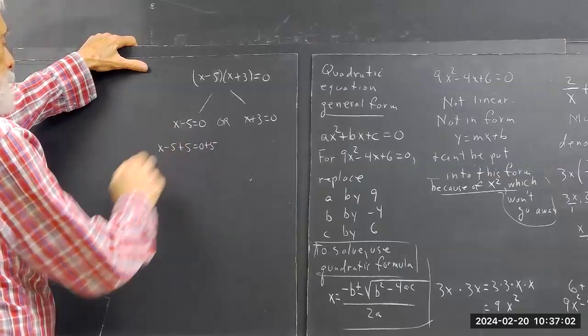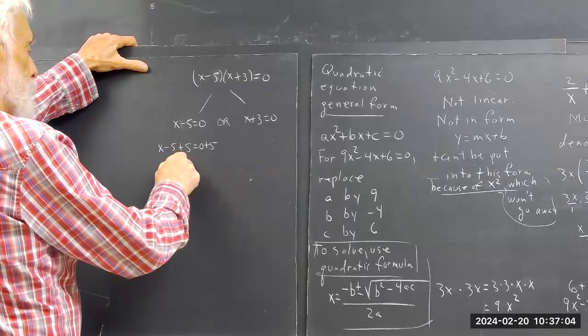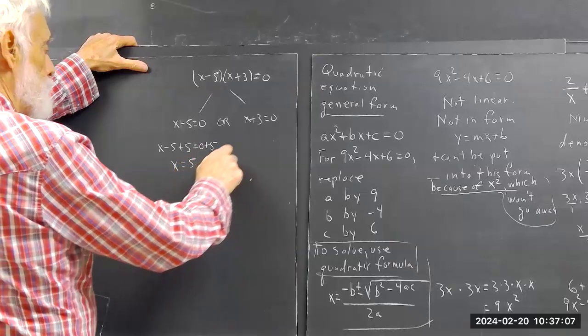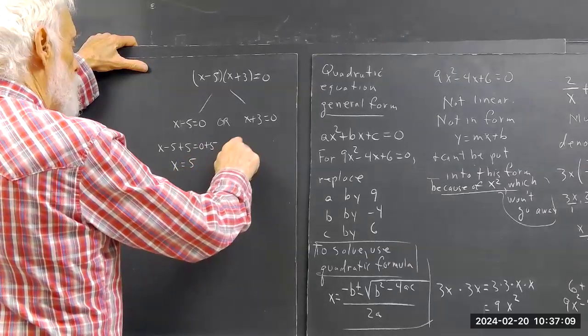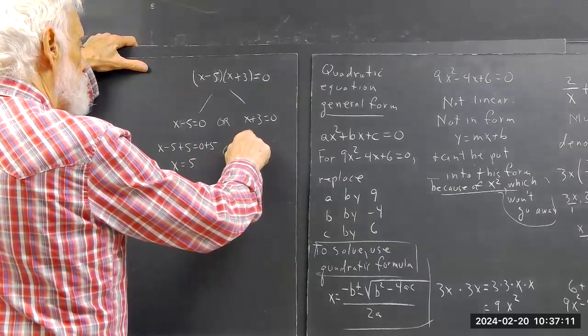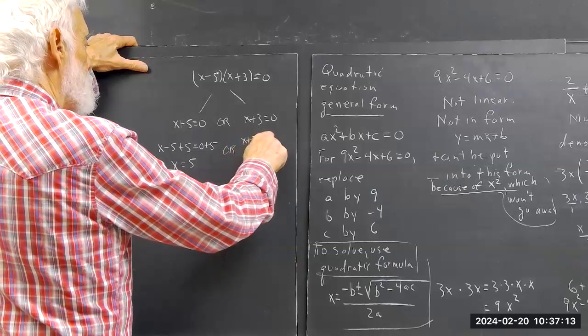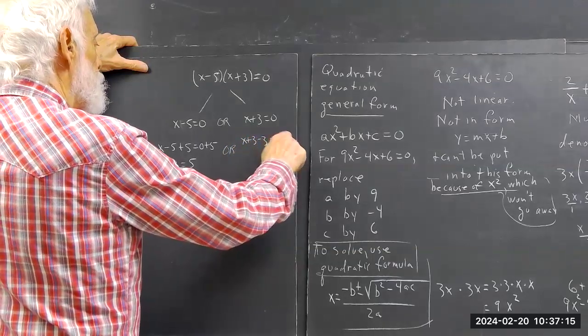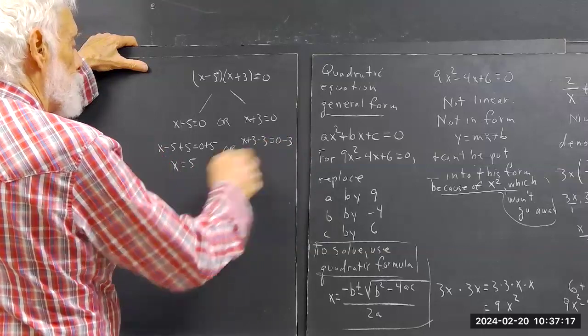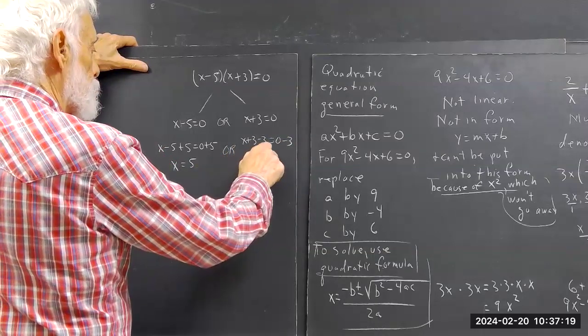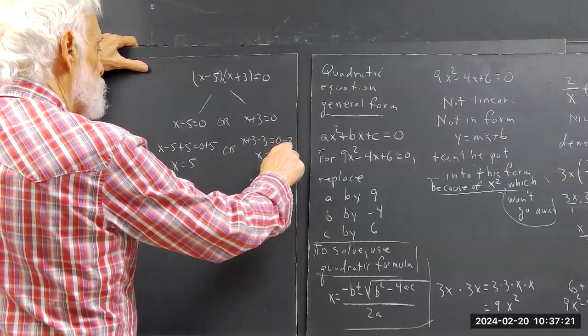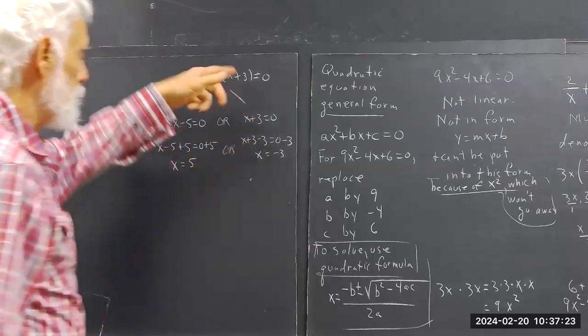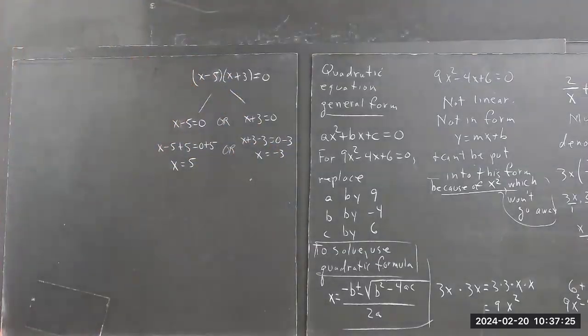We can add 5 to both sides here, and we get x equals 5. Or x plus 3 minus 3 equals 0 minus 3, so that x equals minus 3. And then we can plug each of these numbers back into the equation and check it.